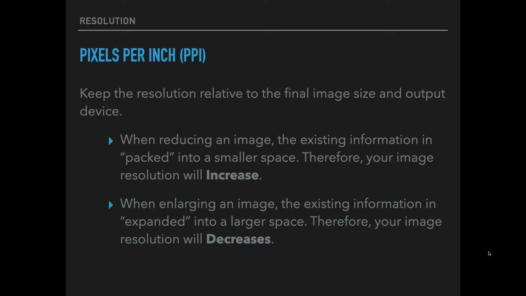Therefore, your image resolution decreases. So if you have a small resolution and you try to enlarge it, it'll get blurry. However, if you have a large resolution and you decrease the size, that just means your resolution is increasing because it is getting more dots in a smaller space.